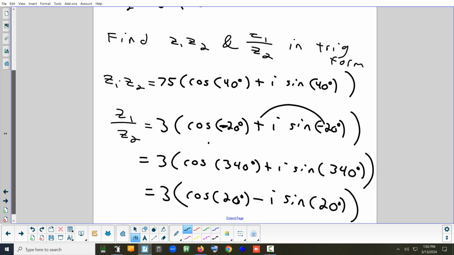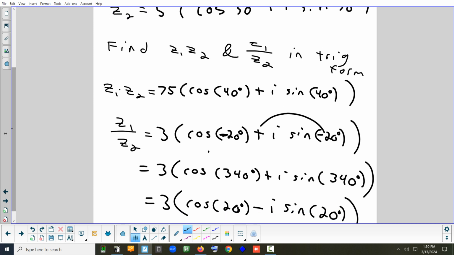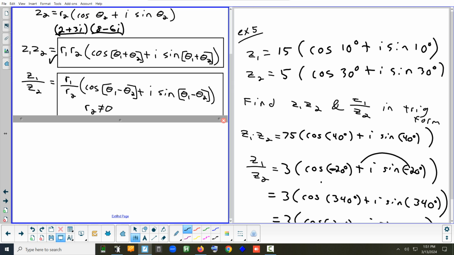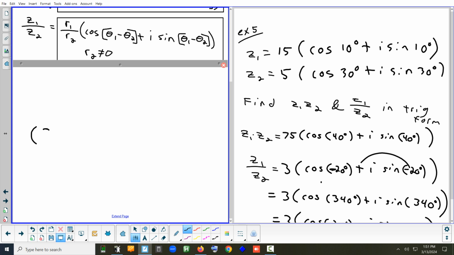Okay, any questions on the multiplying or dividing using those two formulas? All right. So if I had this, how do you read that? 3 plus 2i to the 20th power.